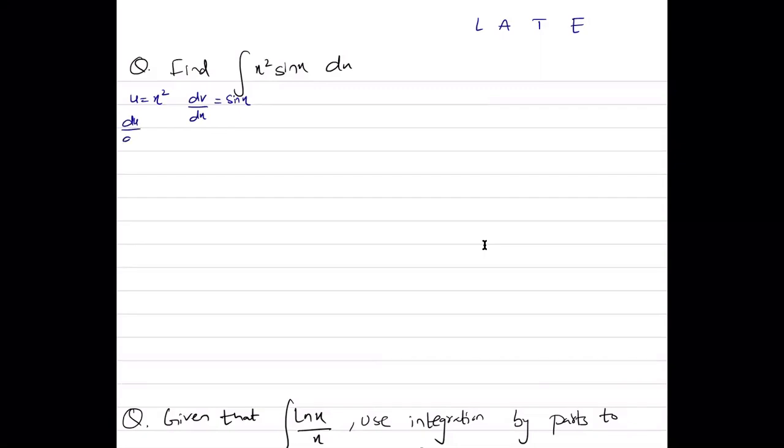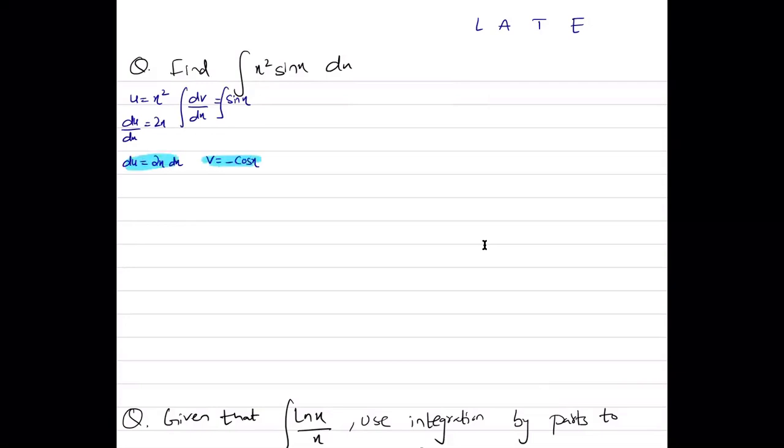If you differentiate u, you get 2x, and du is going to be 2x times dx. If you integrate dv by dx, what is the integration of sine x? Minus cos x. Very good, minus cos x. So this is the differentiation and integration.